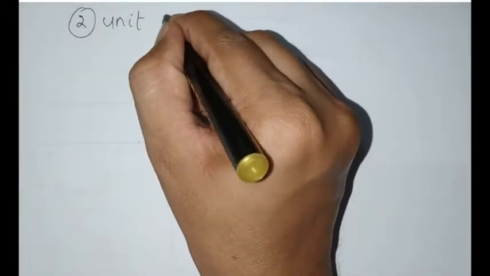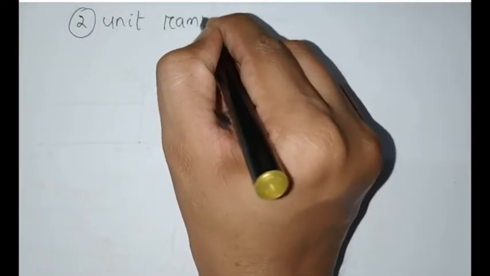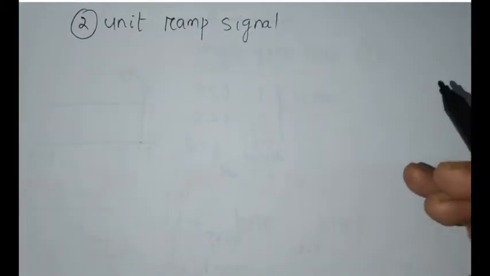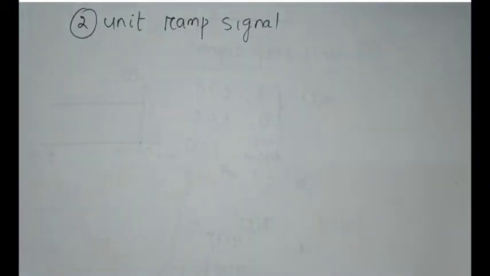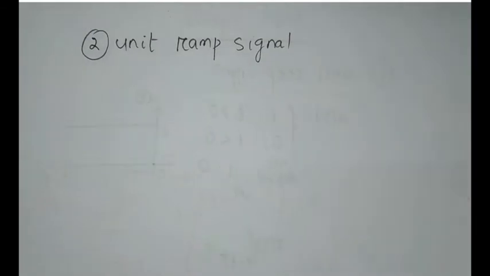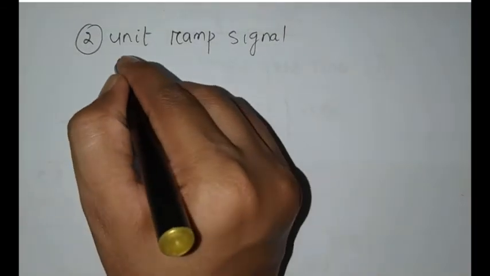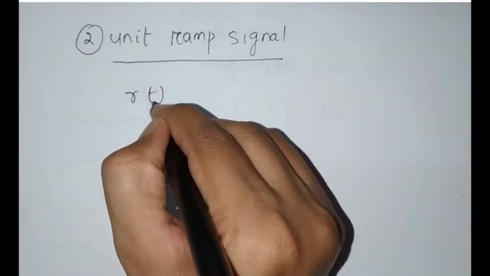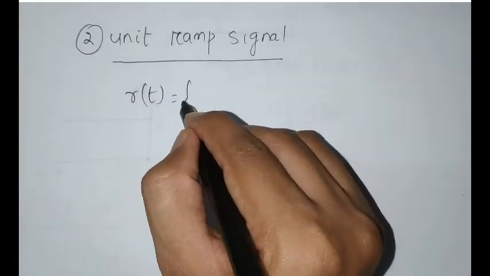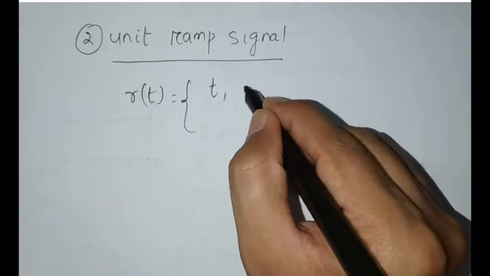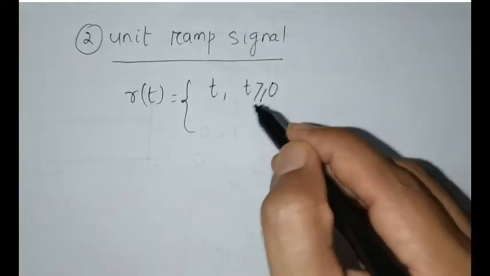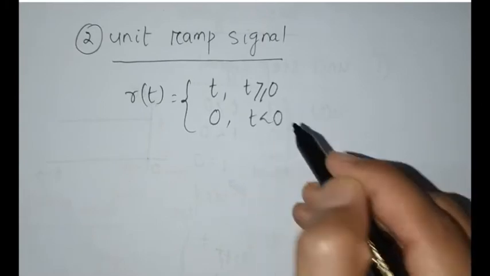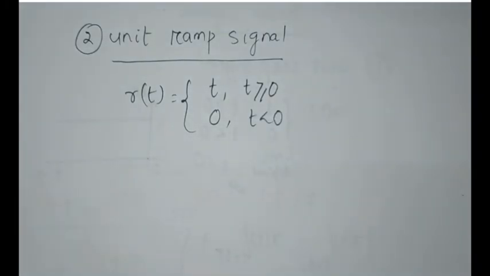The unit ramp signal is defined as r of t equals t for t greater than or equal to 0, and 0 for t less than 0.